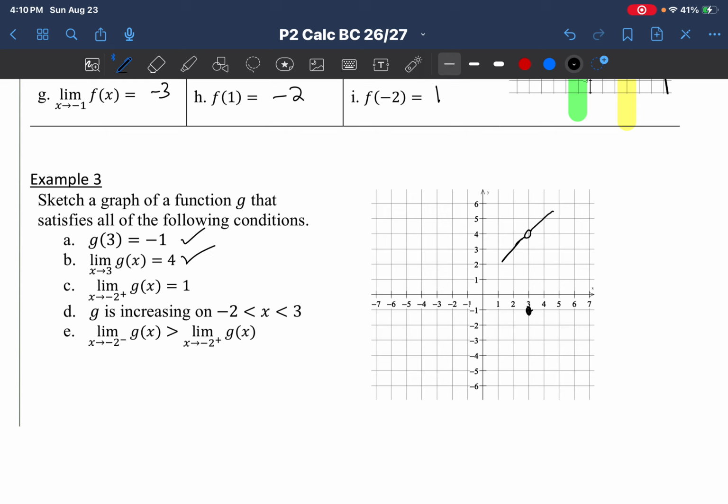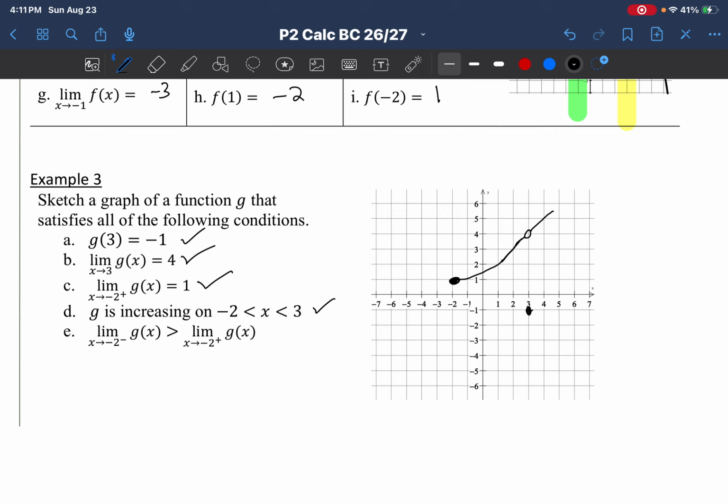Then I have the limit as x approaches -2 from the right is going to be 1. So let me go ahead and continue this way. That's good. Then it says g is increasing from -2 to 3. Yep, I have an increasing slope, that's good.